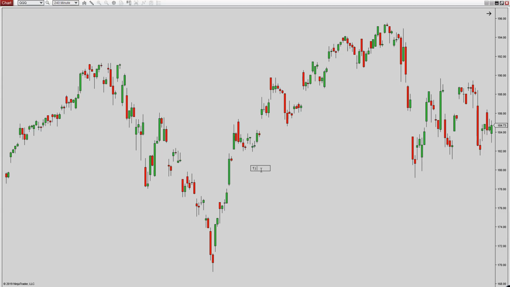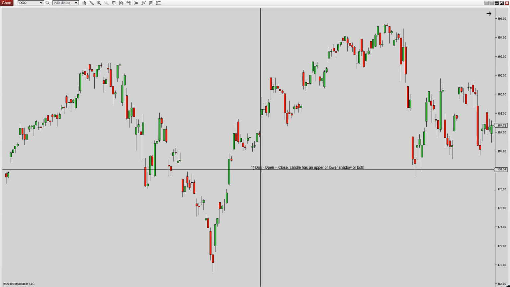But the first one is a doji, and the rules for a doji are: open equals close. And then in addition to that, the candle has an upper or lower shadow, or both.